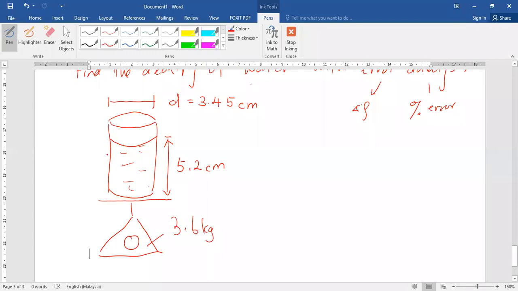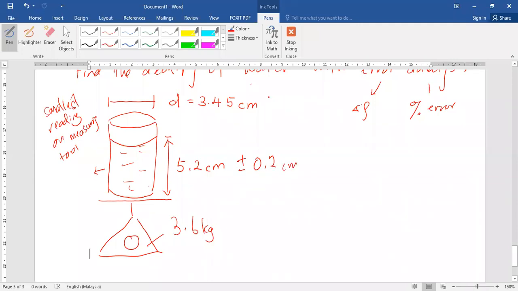The smallest reading on the measuring tools. Okay, for the cylinder, the reading for the cylinder is plus minus 0.2 cm.